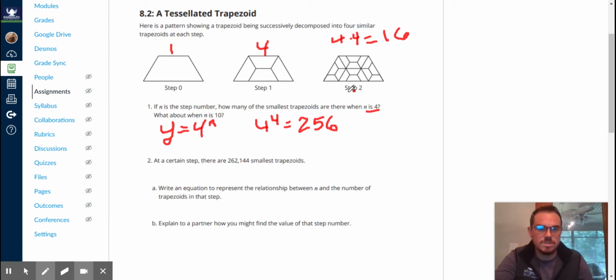Another way that you could do this is step 1 here is 4. Then we multiplied by another 4. Then for step 3, we would multiply 16 by another 4. And then whatever that answer is, we would multiply again by another 4, which is the same thing as what I just stated. Now, if we want to find it when n is, say, 10, we put 10 up here as our exponent, and we say 4 to the power of 10.